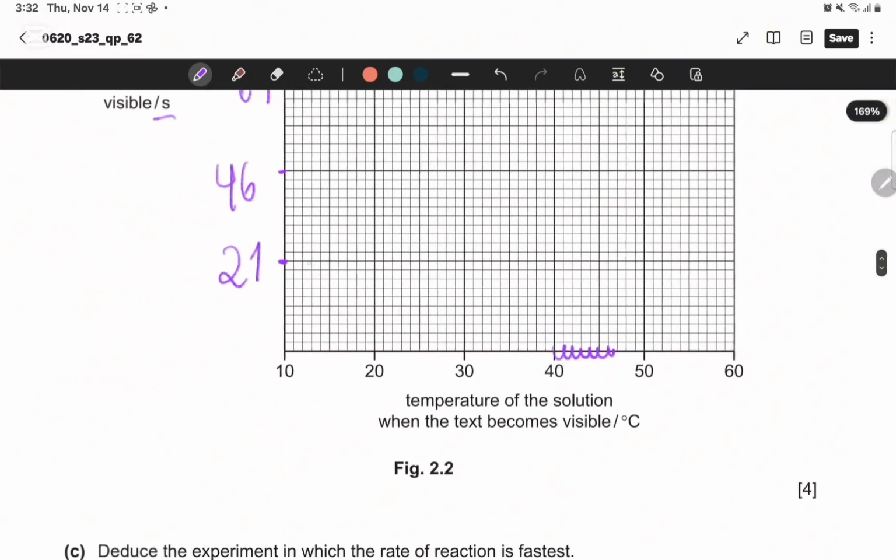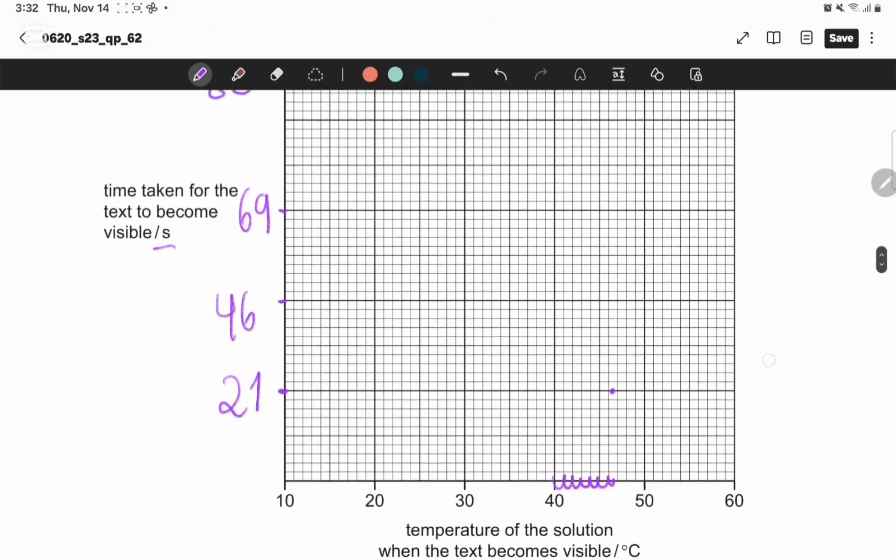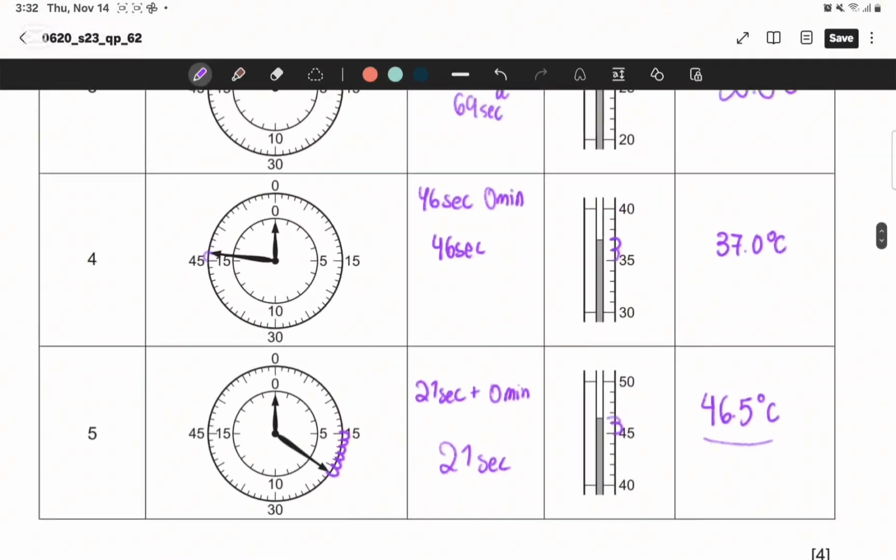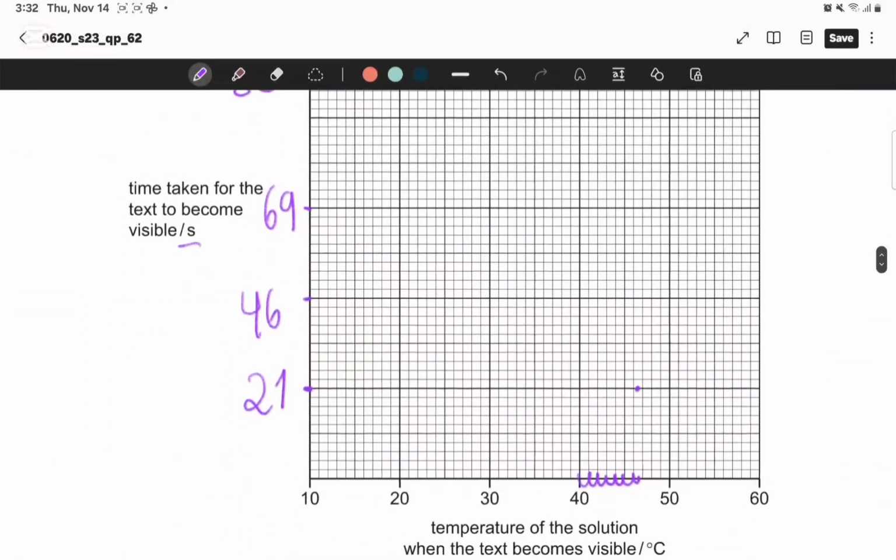It's supposed to meet around here. Okay, and then at 46 seconds, how much was the temperature? 37. So 31, 2, 3, 4, 5, 6, 7. This is 37. Then check. Okay, here.